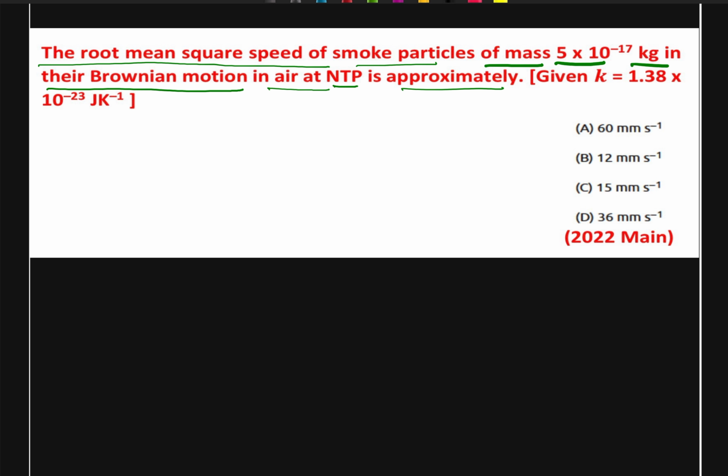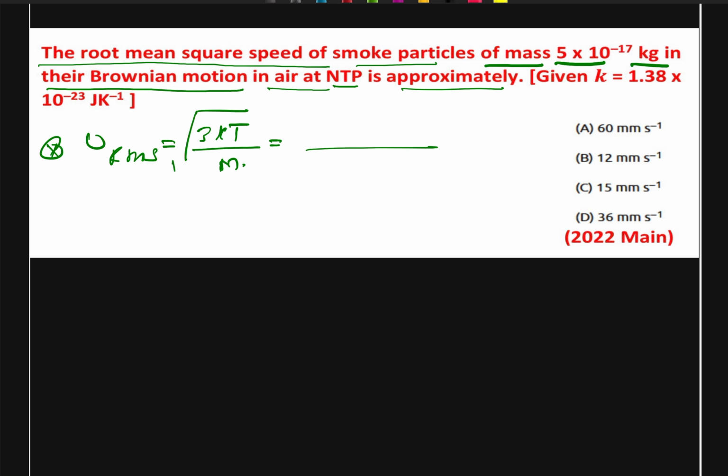So we can say that our VRMS is equal to square root of 3kT by m, and normal, so we simply substitute the values.